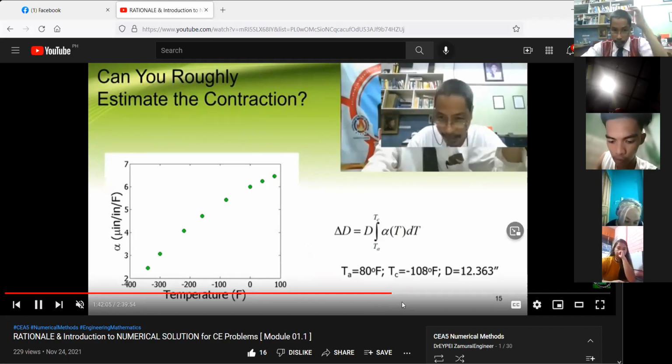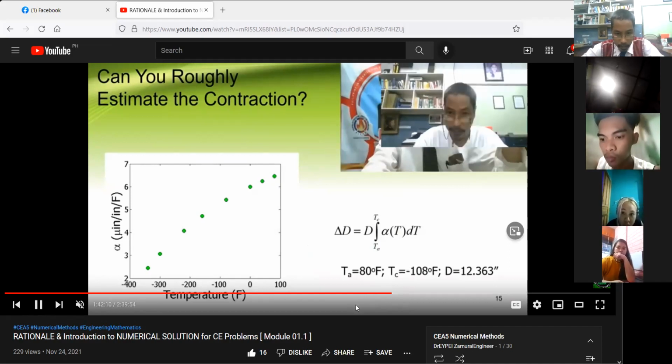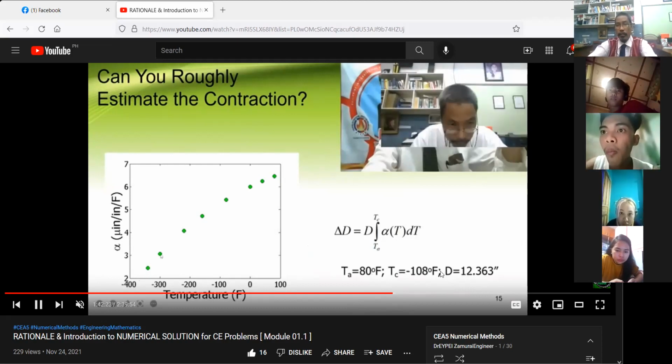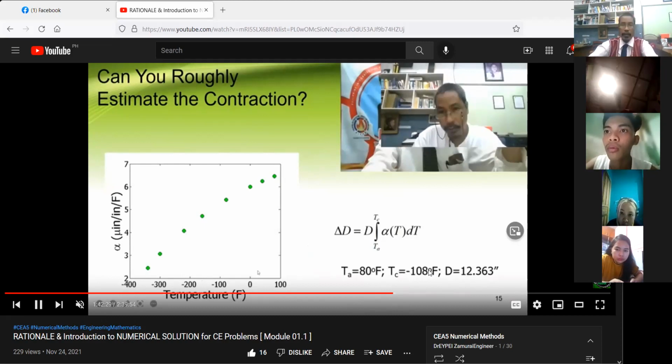Okay. Oh, can you roughly estimate the contraction? Oh, this is the question. If this is the given, I can actually do it right now. Negative 108 degrees Fahrenheit. Okay, I will just use my calculator formula there.